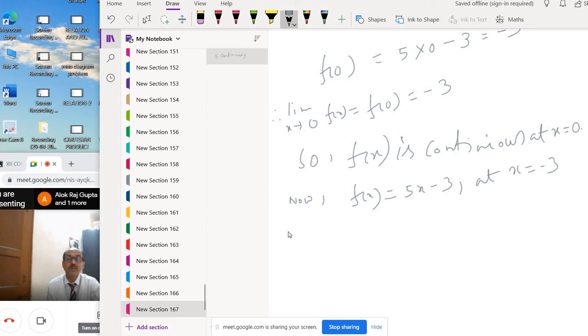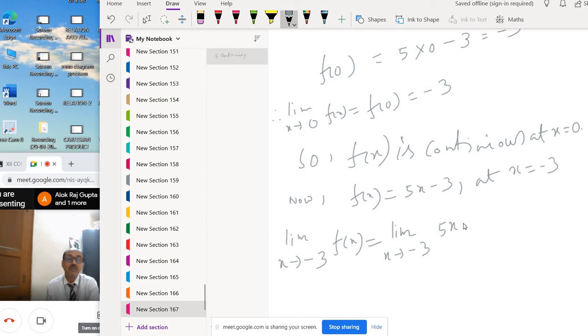So the limit as x tends to minus 3 of f(x) equals the limit as x tends to minus 3 of 5x minus 3.